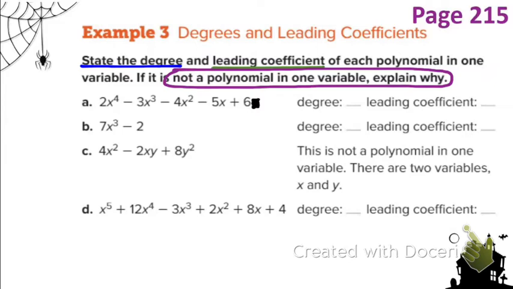Remember, degree is the biggest exponent. What is my biggest exponent? 4. Here's my degree. What is our leading coefficient then? If 4 is the degree, 2. Here's my leading coefficient.